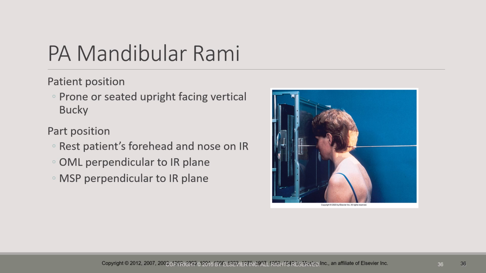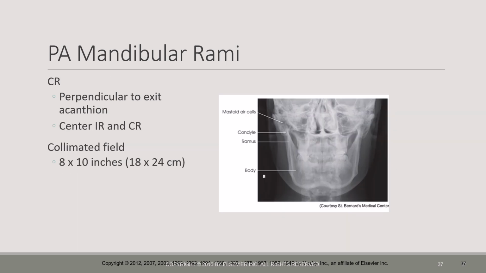The nasion basically is the midpoint between the condyles of the mandible, the TMJ joints, and the mental point of the mandible. Open the collimation superiorly to be about a half inch to an inch beyond the TMJ joints, and then open the collimation inferiorly to include the mental point. Okay, and that PA mandible will look like this.